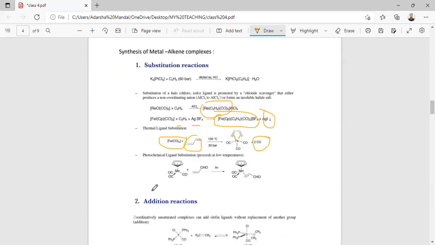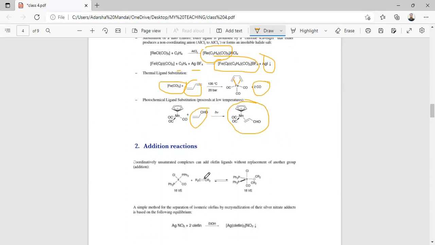Another substitution reaction is the photochemical ligand substitution. Here the manganese Cp*Mn(CO)3 will react with this alkene moiety in presence of light and form the manganese alkene complex.